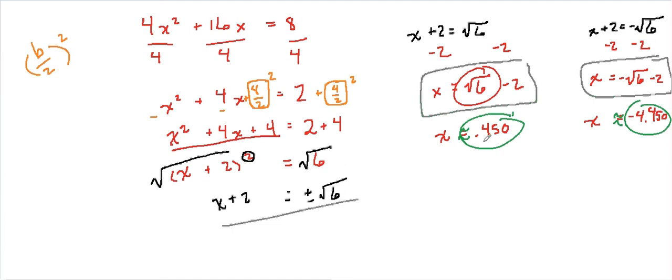So now we put both of these eventually. I'll just put in one, I'll let you do the other. Put in 0.45 in for x.